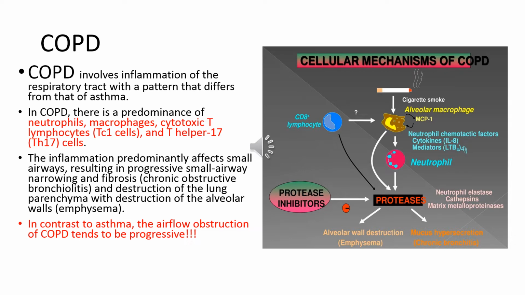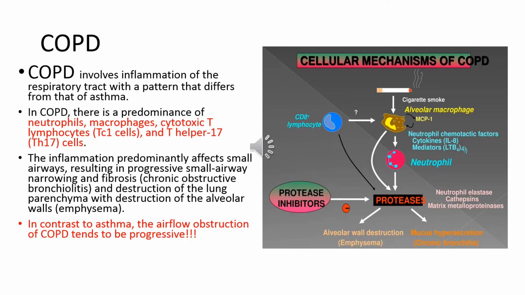COPD involves inflammation of the respiratory tract with a pattern that is different from that of asthma. In COPD, there is a predominance of neutrophils, macrophages, cytotoxic T lymphocytes, and T helper 17 cells.